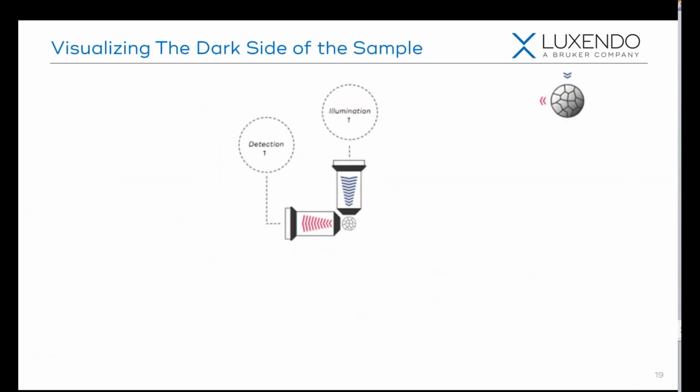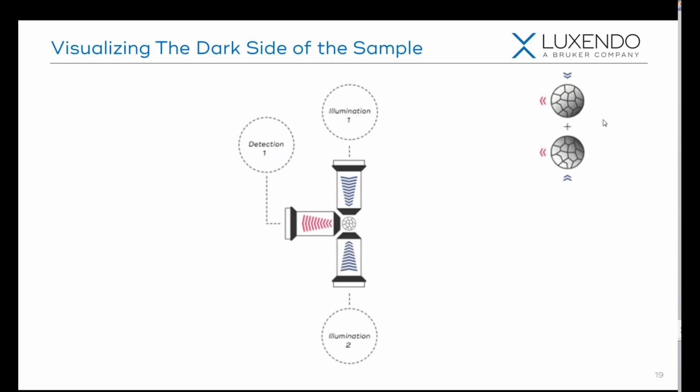And I'm going to highlight this with this cartoon schematic here. So if we consider a 2-objective geometry where we're illuminating from the top and detecting from the left, we're going to get a great image from this corner of the sample, but we're not going to be able to illuminate or detect emission from the bottom corner here.